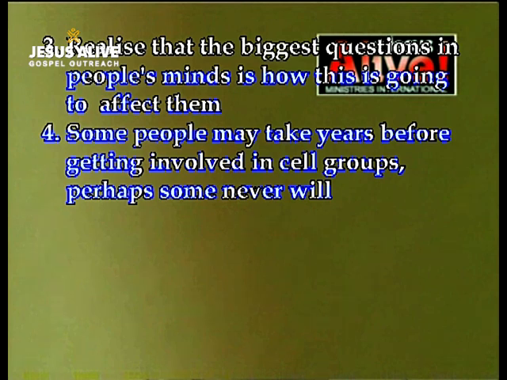Some people may take years before getting involved in the cell groups. This is a problem of transitioning a church. Perhaps some never will. Do not be overly concerned about that. If they're a part of your church and they are valuable members of your church, you've got to make room for them so that they can continue to fellowship within your church, even if they're not a part of the cell system.